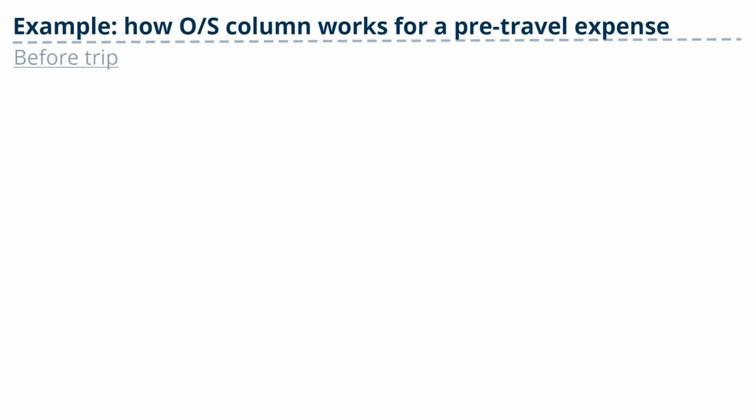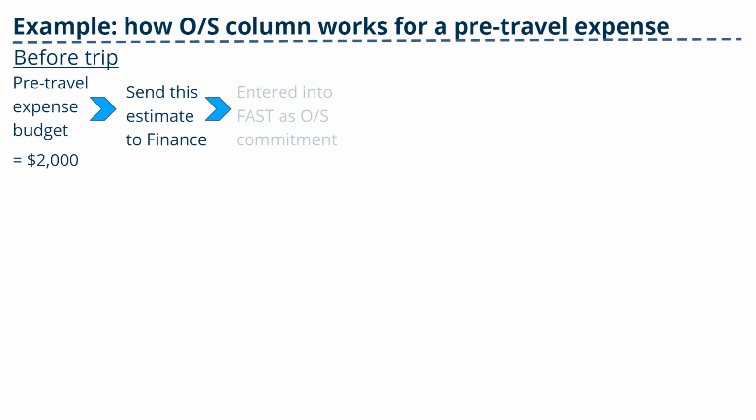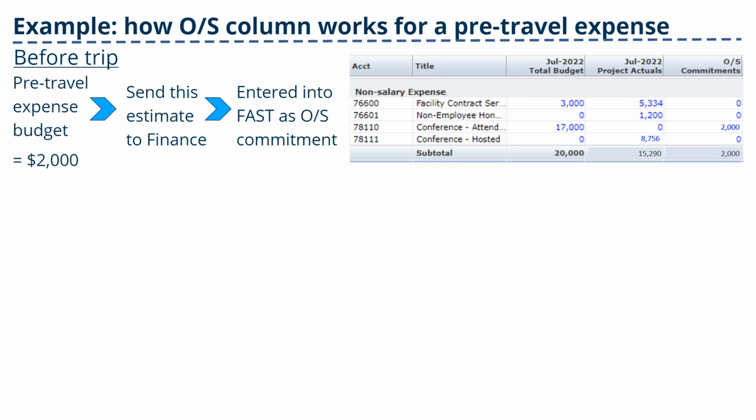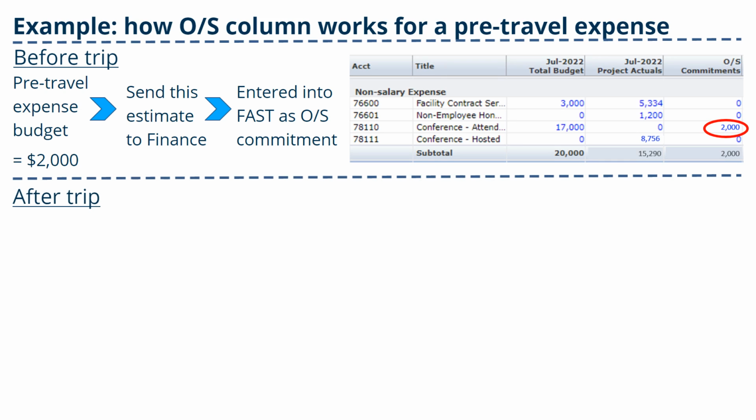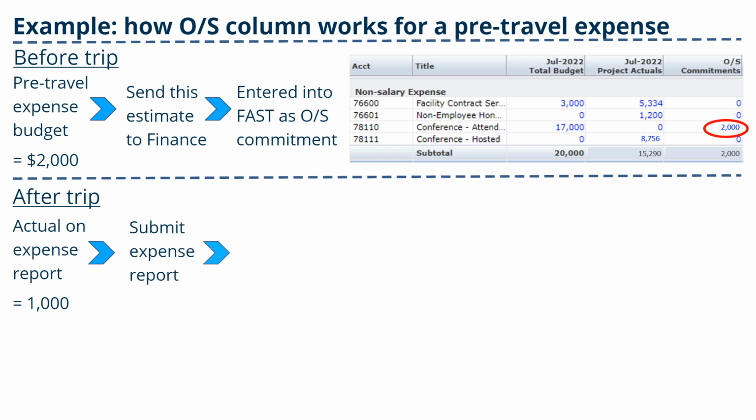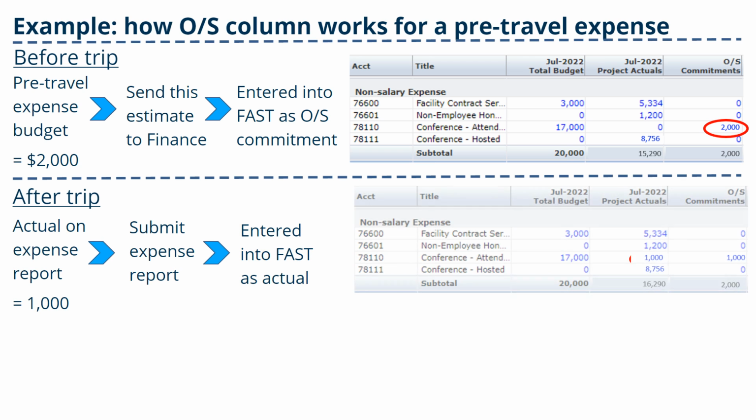For example, you provide a budgeted pre-travel amount for $2,000 to finance. This is entered into FAST as an outstanding commitment or O/S here. After you go on the trip, you submit the final expense report for your actual travel expense that ended up being $1,000.